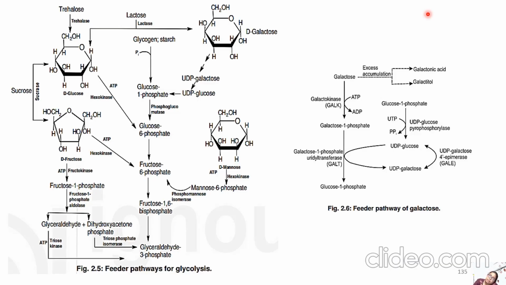Okay, so the feeder pathway of galactose is also like this. If excessive accumulation of galactose happens, it can give rise to galactonic acid or galactitol. Galactose will be converted by galactokinase to galactose 1-phosphate, which will get converted to glucose 1-phosphate via galactose 1-phosphate uridyl transferase.